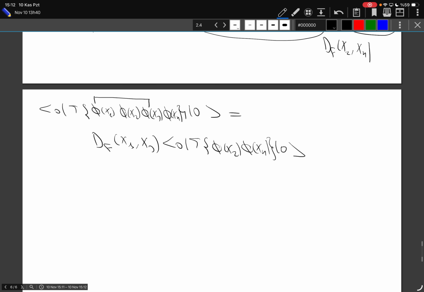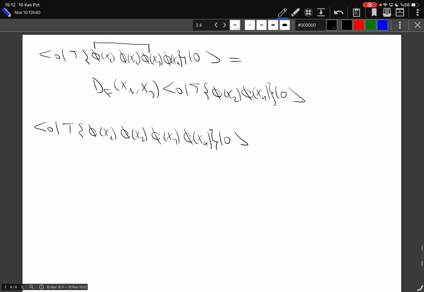Now, what is the general term? This is equal to the sum over all possible contractions. Well, what does that mean?